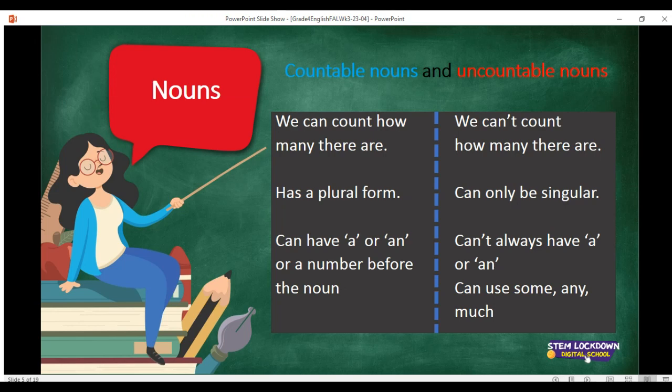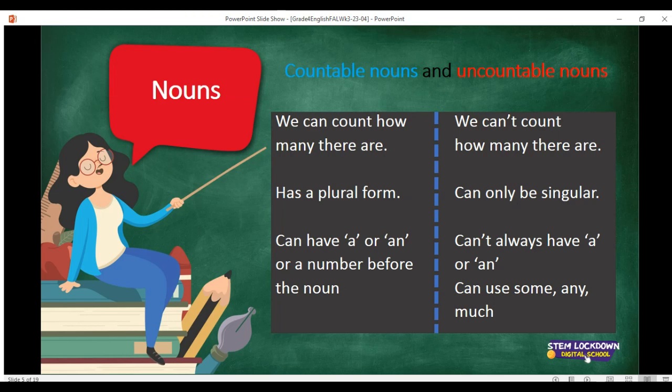Then countable nouns have a plural form. So remember, plural means more than 1. So a plural for dog will be dogs. But my uncountable nouns can't have a plural, it's only singular. So I can't say we're going to go cut the grasses, because it can only be 1 singular. Then countable nouns can have a or an in front of them, or you can put a number before the noun.